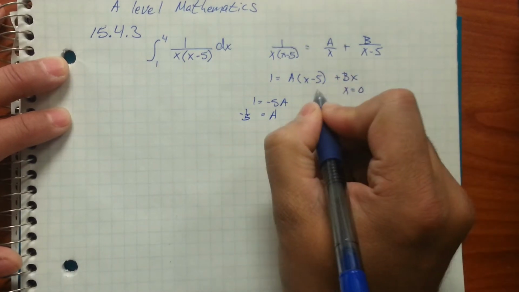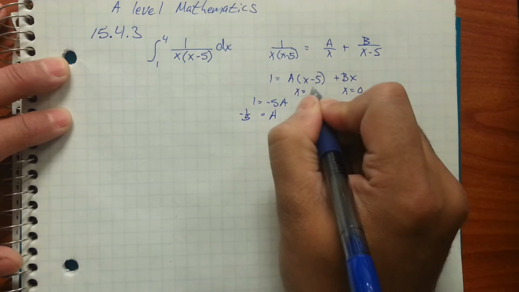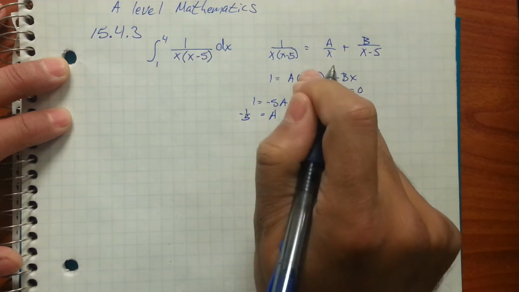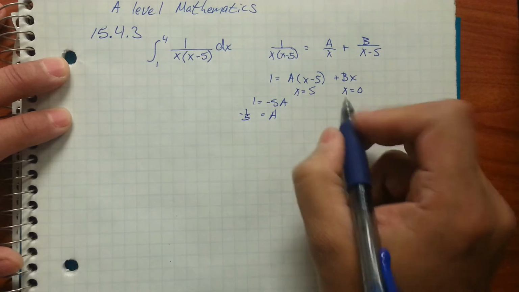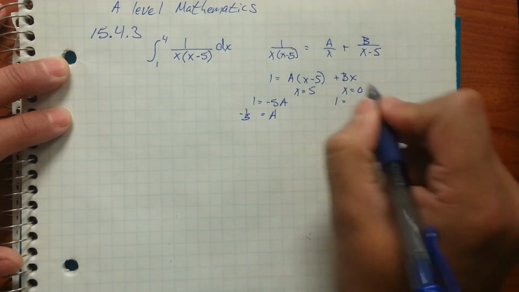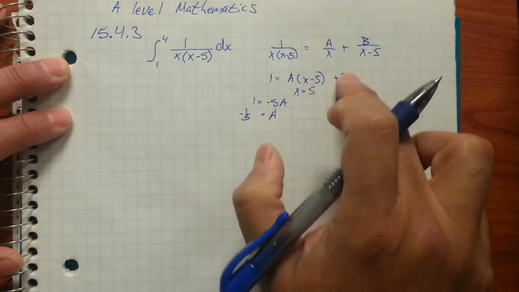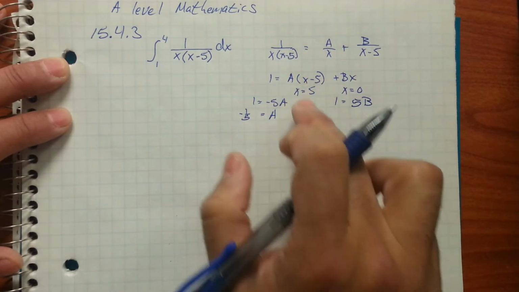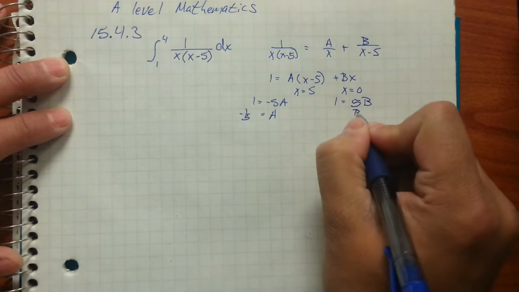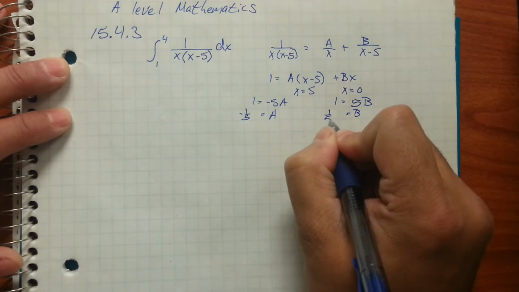Now for the next one, when x equals positive 5, that one's going to be 0, and so I'm going to get 1 equals 5B, because I'm plugging in the 5 there. So I get B is equal to positive 1/5.